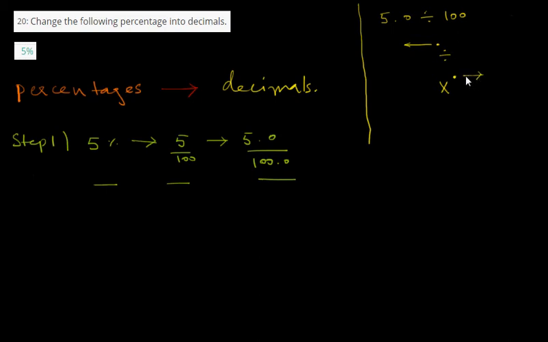Now, how many spaces the decimal point is going to move depends on the number of zeros in the denominator. So we have 2 zeros in 100, so the decimal is going to move 2 places to the right or to the left depending on what the operation is.